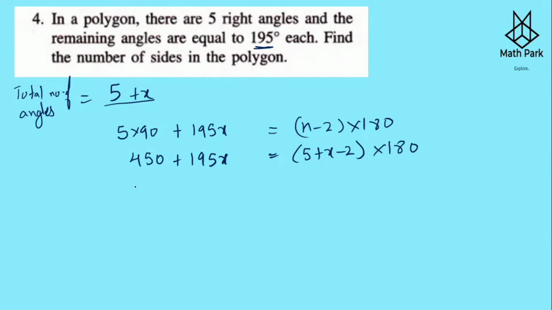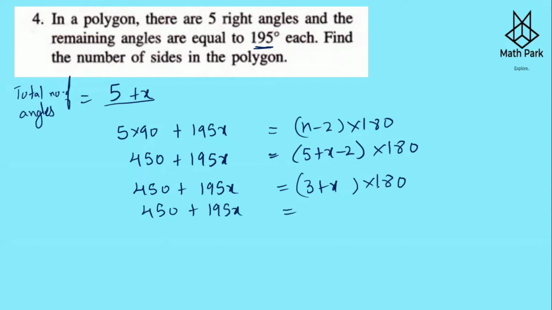So let's solve this equation. We get 450 plus 195x is equal to 3 plus x, since 5 minus 2 is 3, times 180 degrees. So we get 450 plus 195x is equal to 180 into 3, which is 540, plus 180x. Let us bring the terms with x on one side.